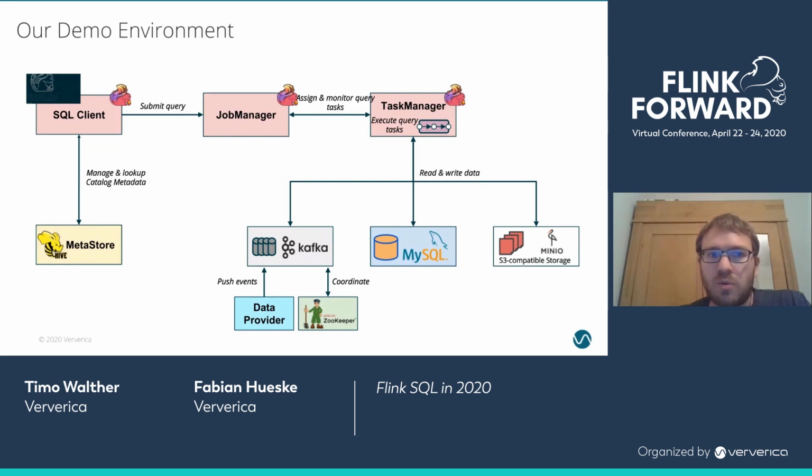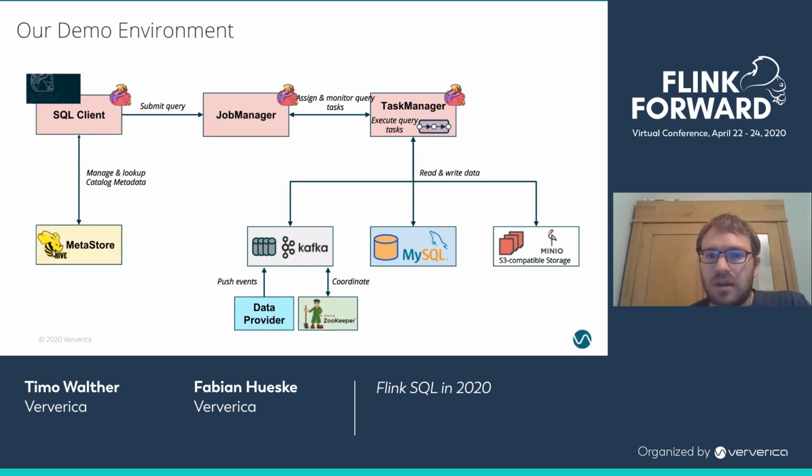There's a container for the SQL client that is also shipped with Apache Flink, and that you can just get from Flink's distribution. The Flink client is also connected to a container running Hive Metastore catalog. So we'll write and read some catalog metadata to Hive Metastore there.